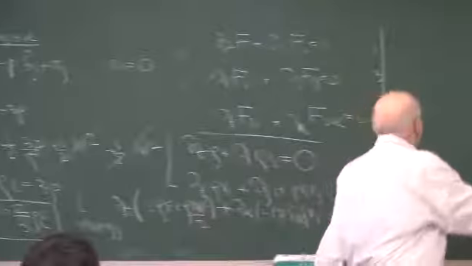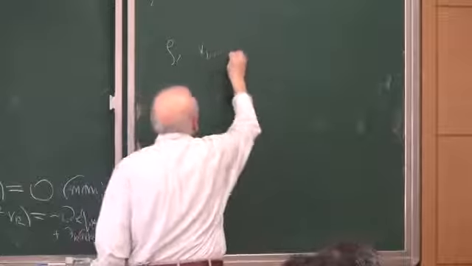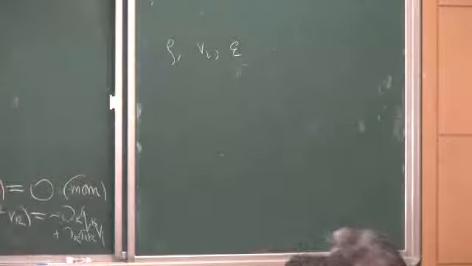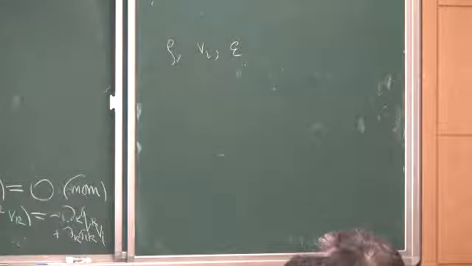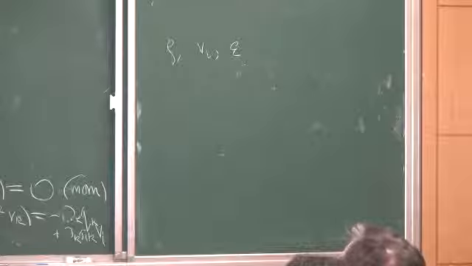So let's see. Of course we had the unknowns rho, Vi, epsilon. Okay. So that would be fine, and that would take care of all these terms, but then there's some leftover terms. For example, the ddj sigma ij.